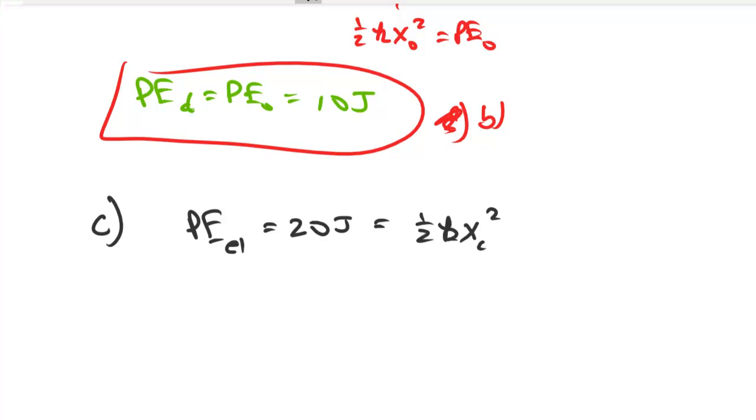I could say here, we know what k is, so we can find out what xc should be, but let's do proportional reasoning instead. So this is going to be twice that original energy, right? And so I could say here, this is 2 times the starting potential energy naught. And that's equal to 1/2 k times xc squared.